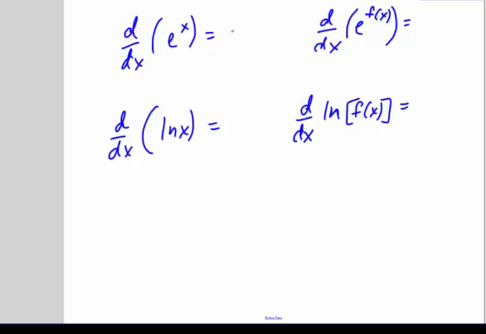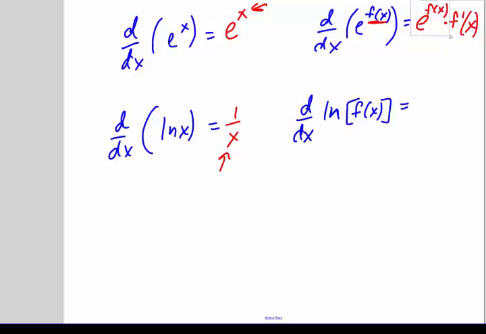Today in class we said the derivative of e to the x is e to the x. And the derivative of natural log of x is 1 over x. However, if this exponent or this denominator becomes a little more gutsy, maybe we have a function in the exponent of our e expression, this derivative becomes e to the f of x times the derivative of that exponent.